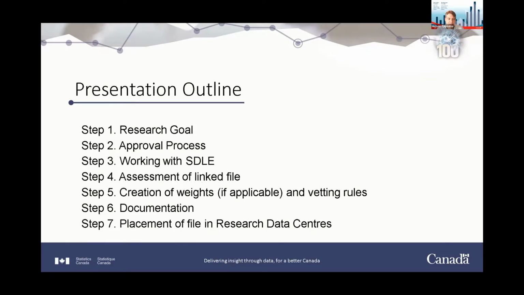Step 4 would be the assessment of that linked data set. Step 5 would be the creation of weights if you needed them, as well as vetting rules. Step 6 would be documentation. And step 7 would be the actual placement of the file in the research data centers. So we'll go through each of those steps in a little bit of detail, and hopefully that will give you an idea of what is required.